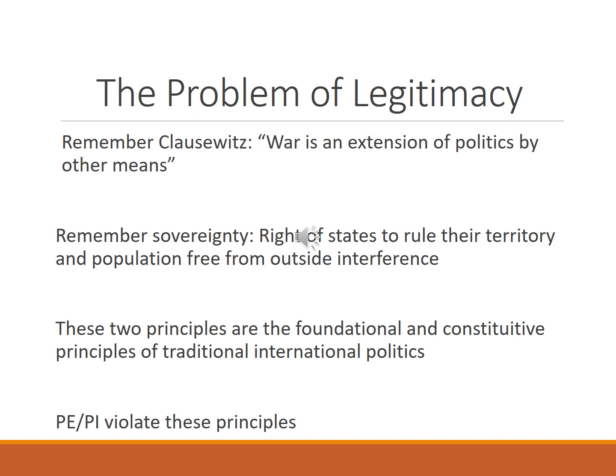These are two very important principles in international politics, and using the justification of enforcing a peace agreement or trying to compel a peace agreement puts these basic norms of international politics at risk. And we'll see this really play out more so when we talk about the notion of the responsibility to protect in a few minutes here.